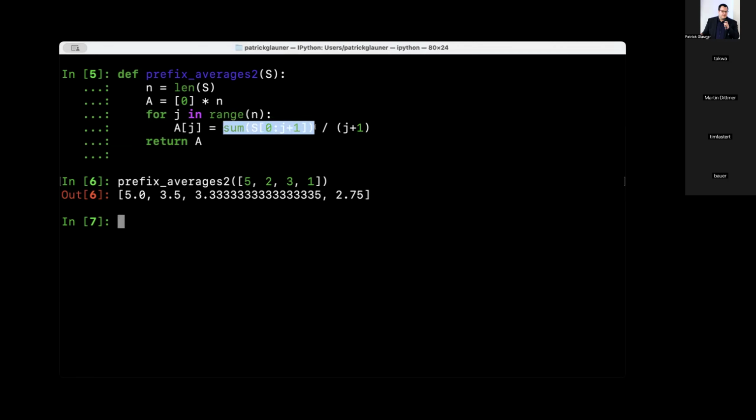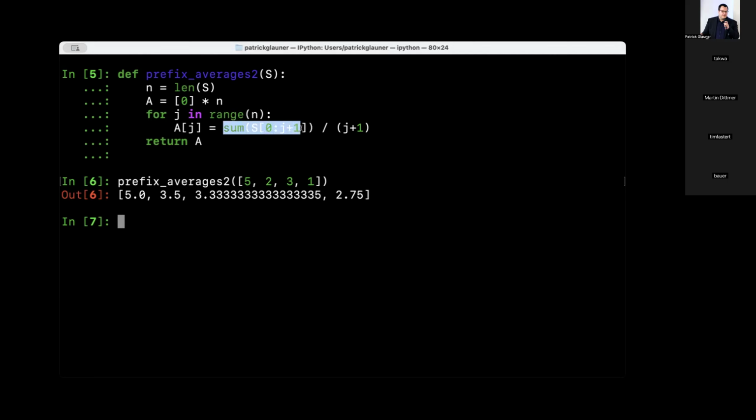And somehow we need to implement this function sum, because this is definitely not just a constant number of primitive operations, because it depends on j. And it turns out that this sum here is still eventually 1, and then 2, and then 3, and then 4 steps.